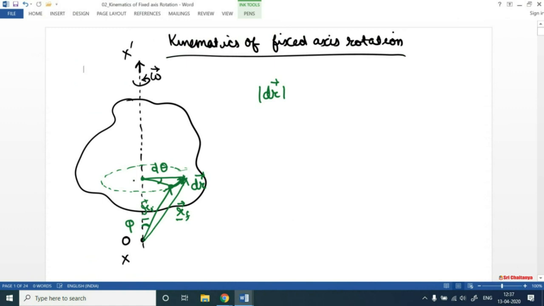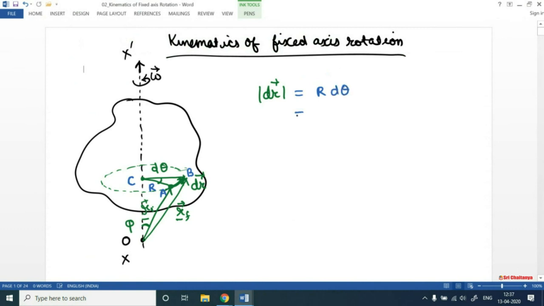Looking at this triangle, let's name these points C, A and B. You see, ABC is an isosceles triangle over here. So dr, if AC or AB we term as equal to R, would definitely be simply R d theta.